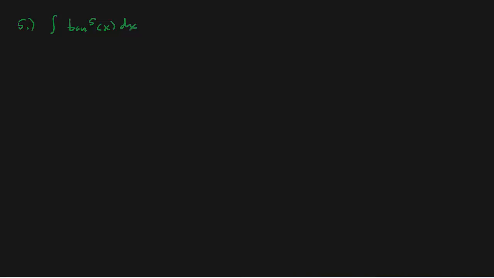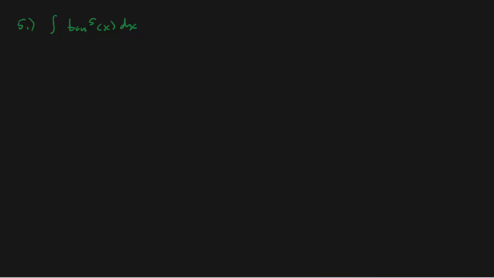We don't have a secant in here. But let's think about what we're doing. We're dealing with tangent. We know the derivative of tangent is secant squared, and we know the derivative of secant is secant tangent. So somehow, maybe I need to try to get tangent and secant in this problem.